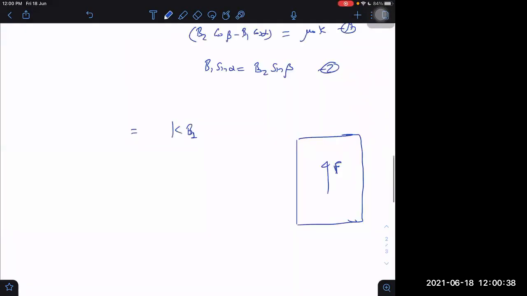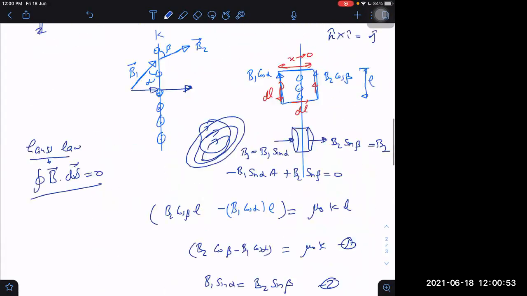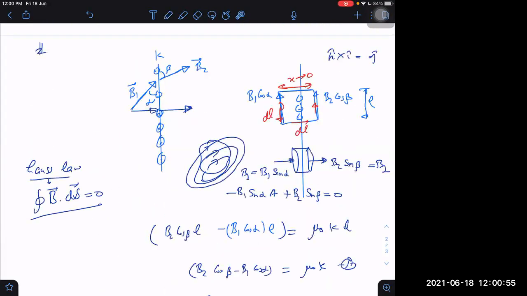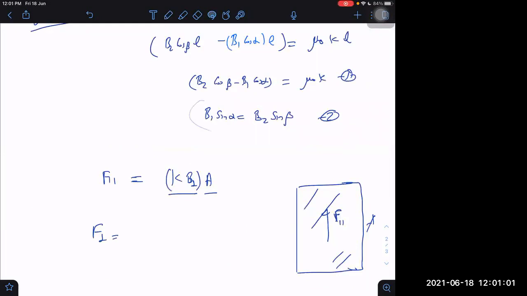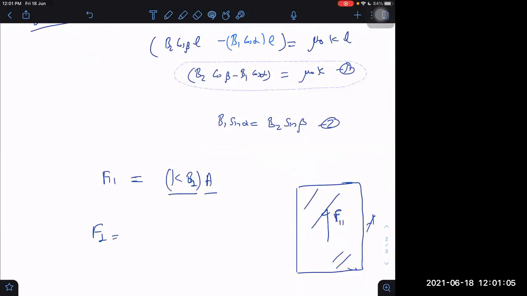And what is the other force? So we can say F parallel will be equal to, if the area of the sheet on which we are considering the force is A, then F parallel will be K into B perpendicular into A. What is F perpendicular? F perpendicular will not be because of this component; it will be because of the parallel component of the external magnetic field. What is that parallel component of the external magnetic field? Can you tell?